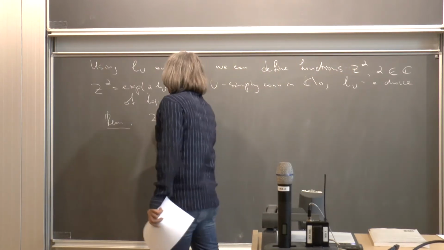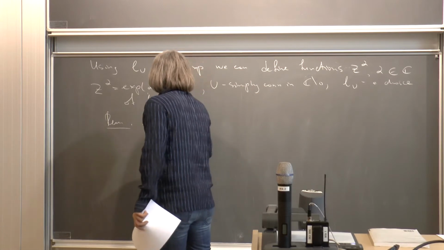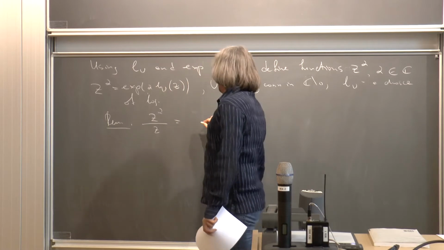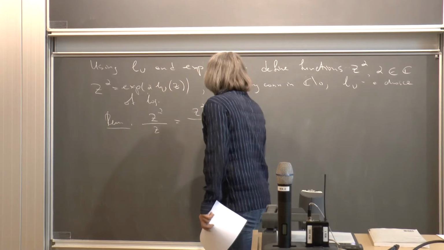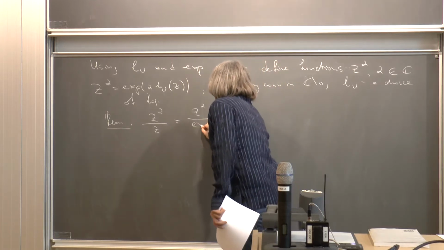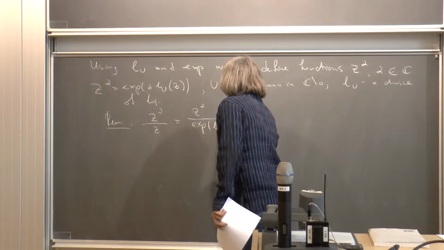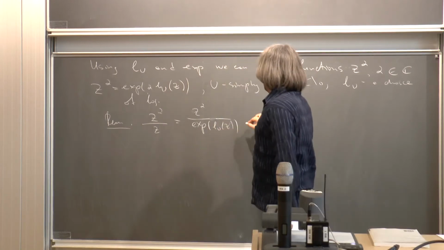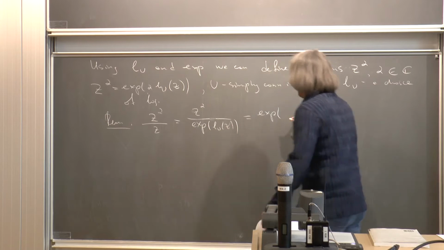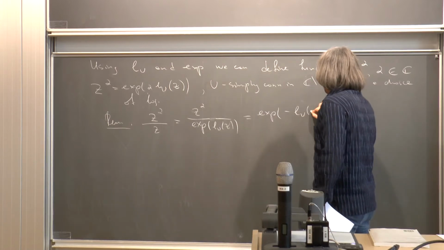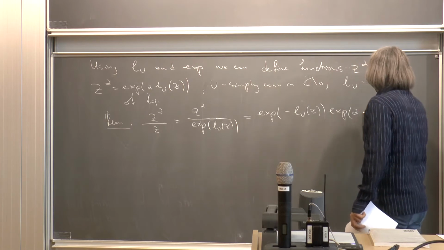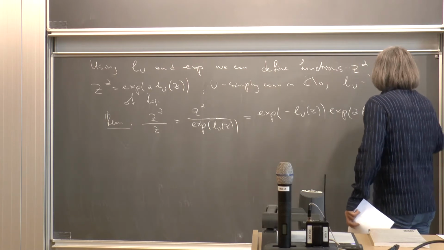Then notice that if we take z to the alpha and divide it by z, then by the definition of logarithm this will be exp of minus L_U of z, times exp of alpha L_U of z.